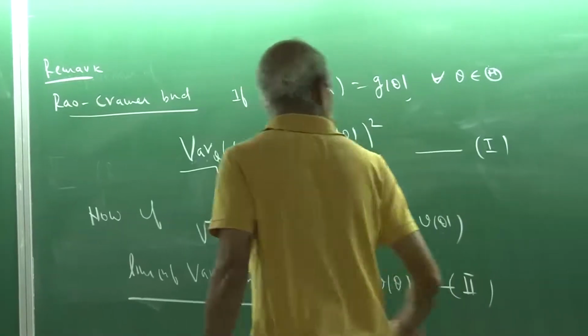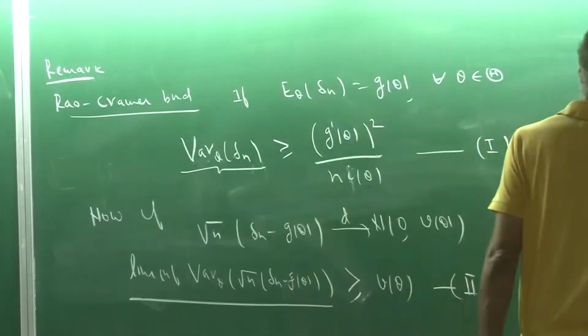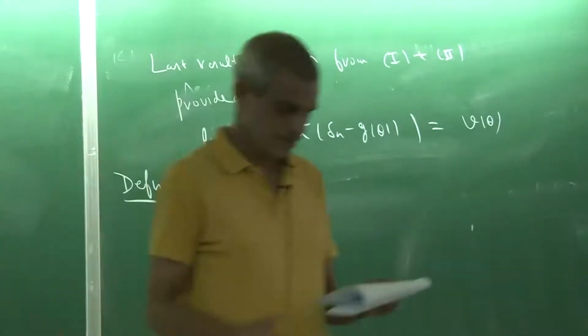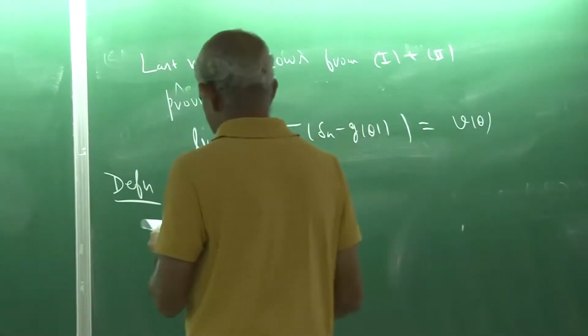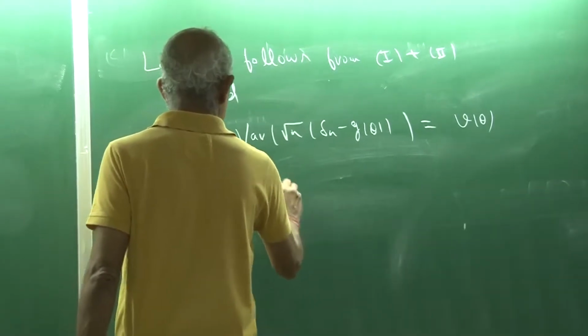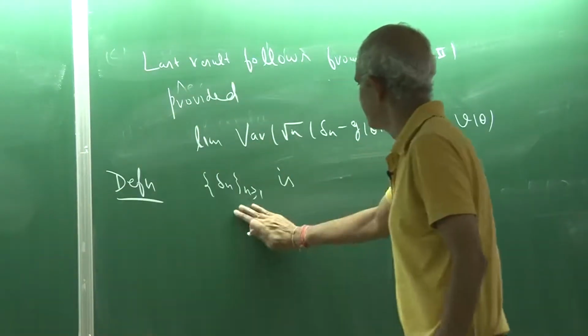Yeah. So let me give this definition. Delta n is a sequence of estimators.